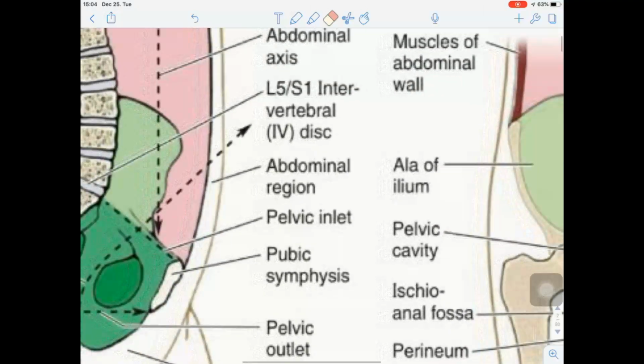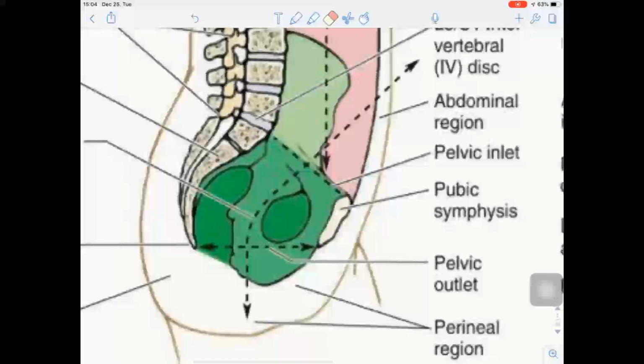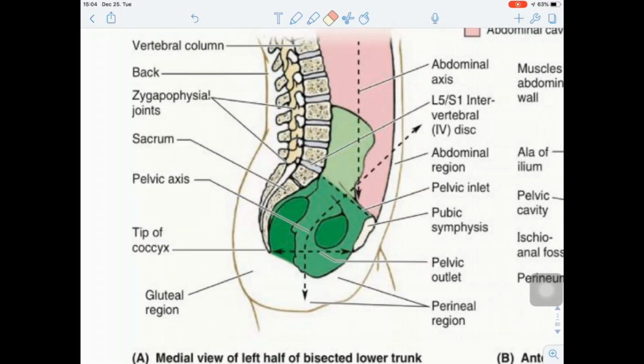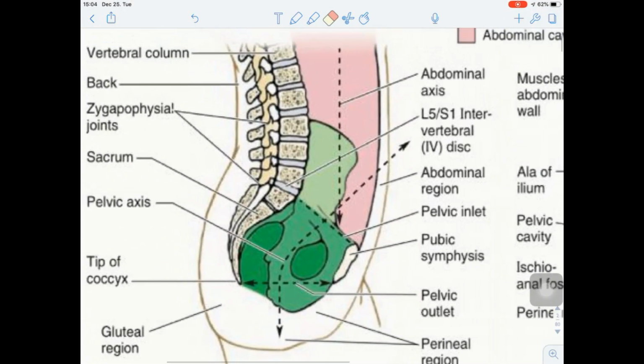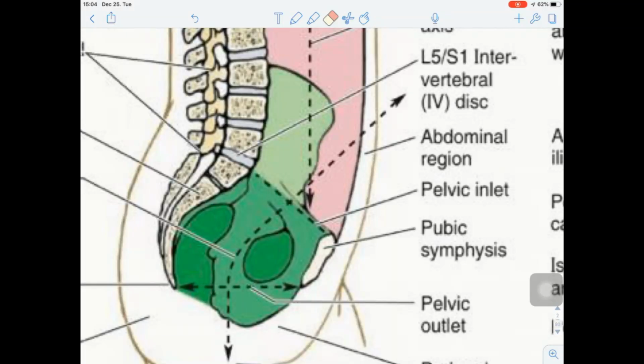One more thing. If you're looking at the pelvic cavity and abdominal cavity, you can see that the axis of the abdominal cavity is just running straight downward. But once you pass through the pelvic inlet to enter the true pelvis, you see that the axis of the pelvis is curved, not something straight.